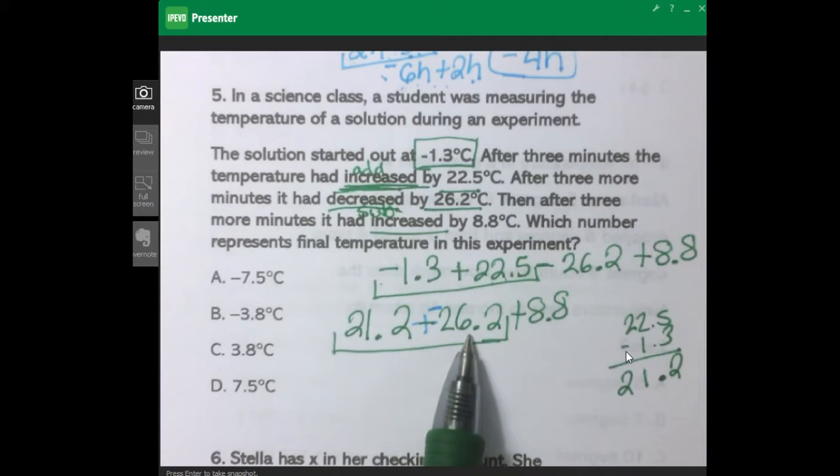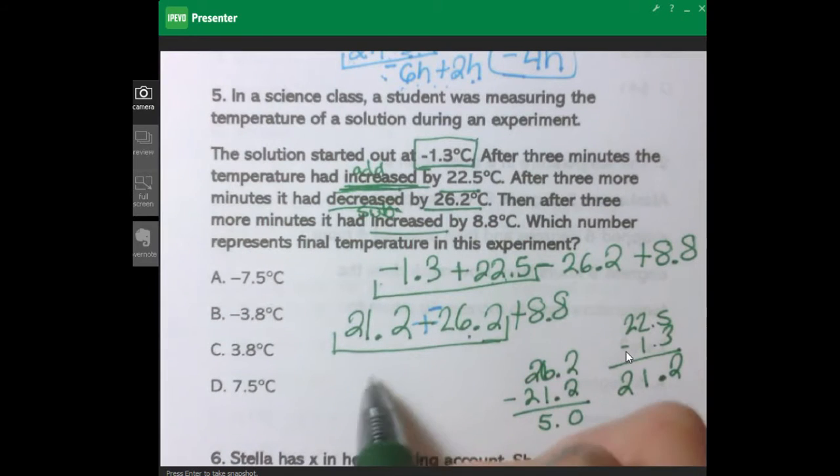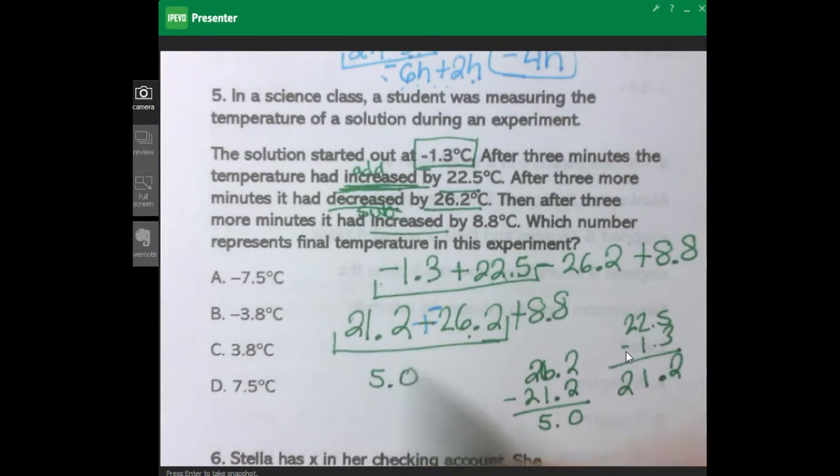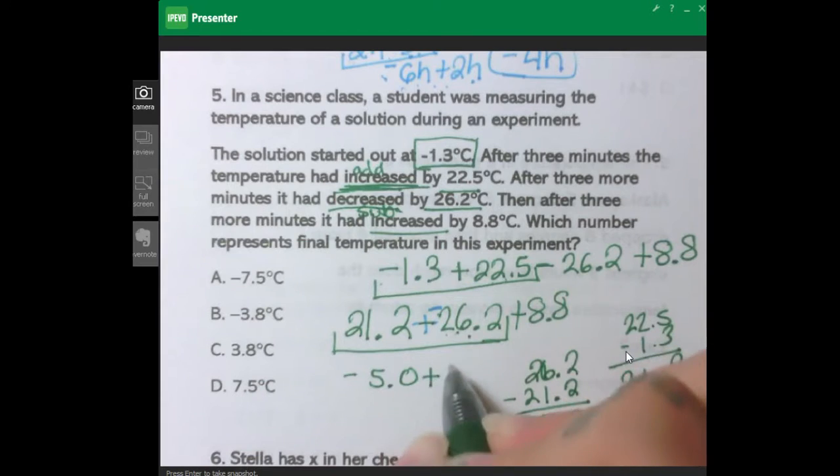So just like we did before, we're going to subtract, keep the sign of the larger number. So we're going to do 26.2 minus 21.2. So 2 from 2 is 0. 1 from 6 is 5. So we're left with 5.0. 26 is the bigger number, so we're going to make it negative 5.0 plus 8.8.